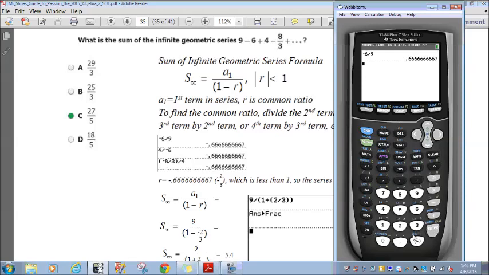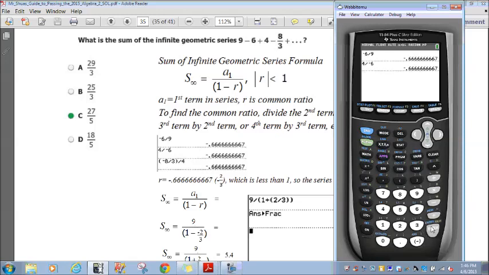Now, just to double check, I can divide the third term by the second term. So 4 divided by negative 6 is negative 2/3.